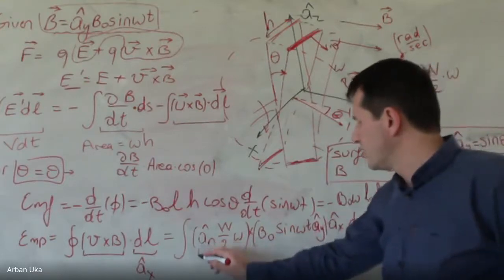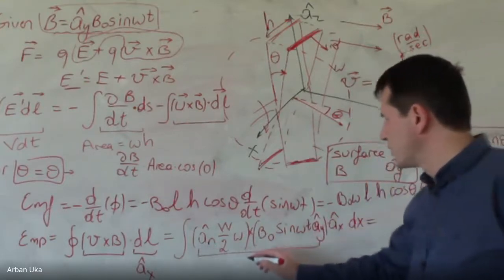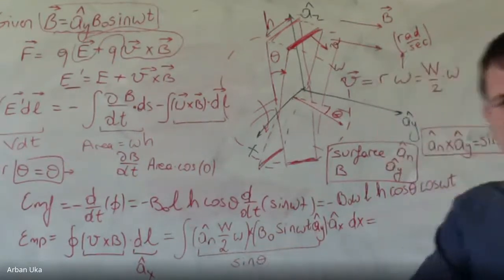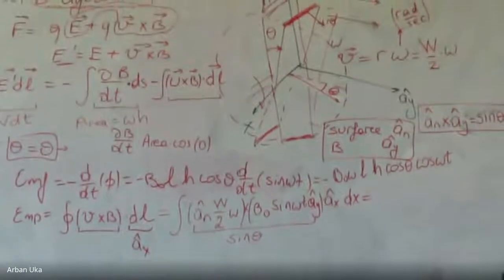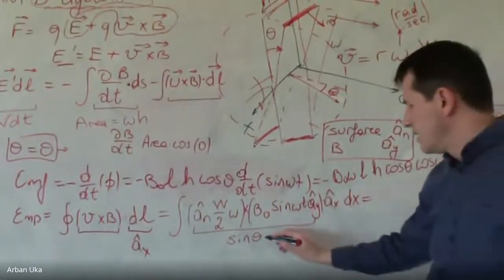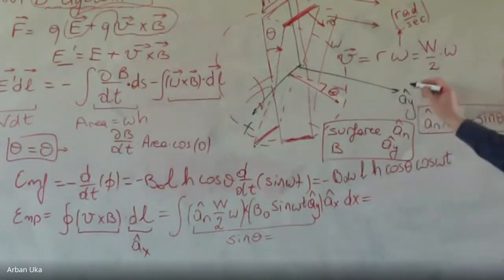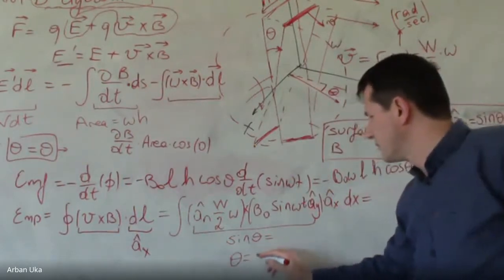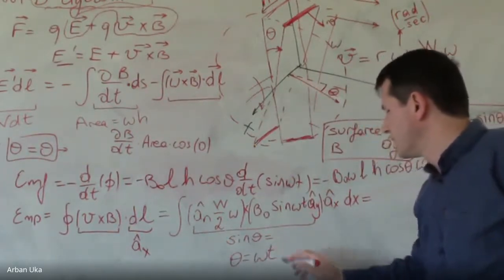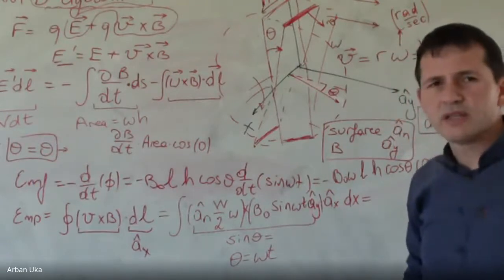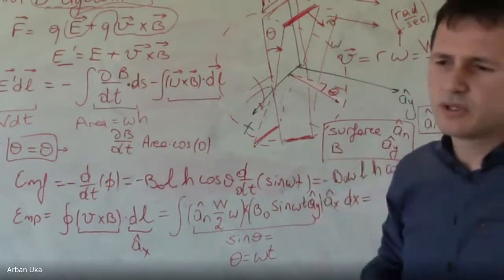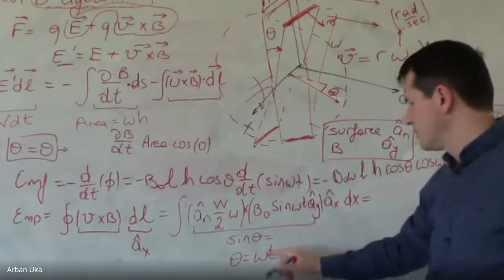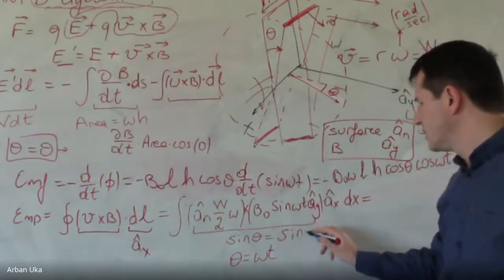And from this whole term, we are going to observe that we get a sine theta. And if theta is equal to omega t, and with this omega we also denote the rotational speed of the circuit, then this will be sine omega t.